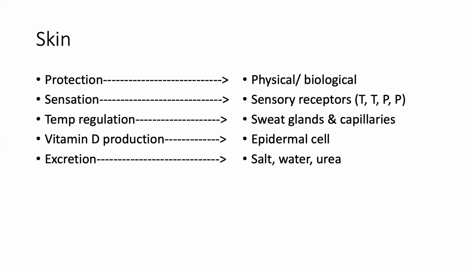These are the functions of the skin, which include protection, sensation, temperature regulation, vitamin D production, and excretion. But of course, in this lecture, we will discuss sensation via the sensory receptors for touch, temperature, pain, and pressure.